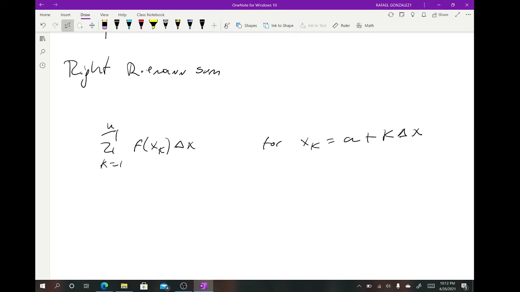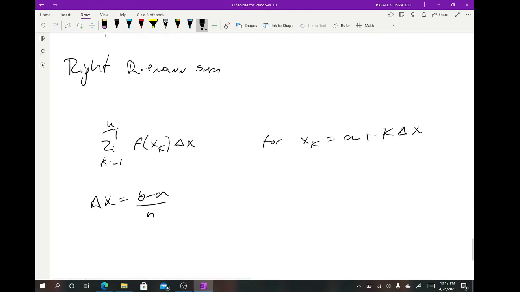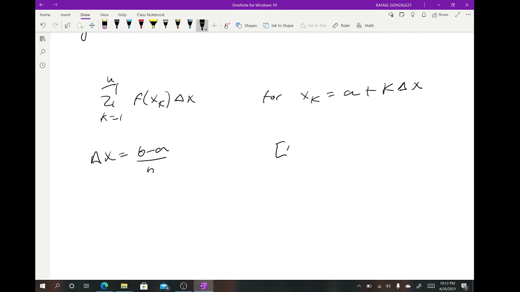Now, to get the delta x, remember delta x is equal to b minus a over n. We're working on the interval 4 to 16, and we want 6 partitions. So n is 6, a is equal to 4, and b is equal to 16. So delta x is equal to 16 minus 4 divided by 6. 16 minus 4 is 12. 12 divided by 6 is 2. So we're looking at partitions that have width of length 2.